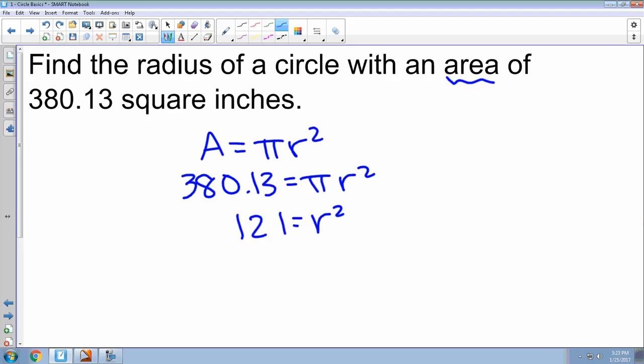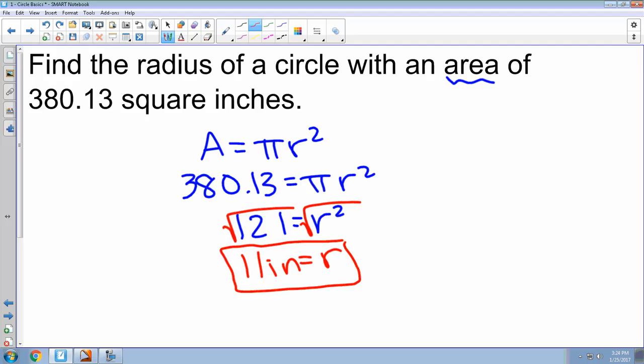Thinking back to last semester, when you have a square, the way you undo it is by square rooting both sides of your problem. Again, that's for your calculator to do. Your r is equal to 11 inches. So on your calculator, you should be hitting the square root button to find that answer.